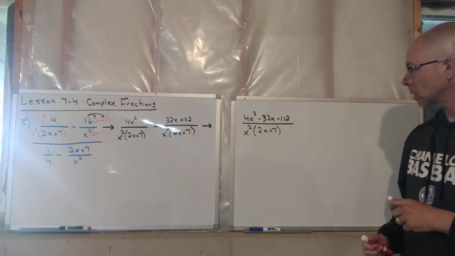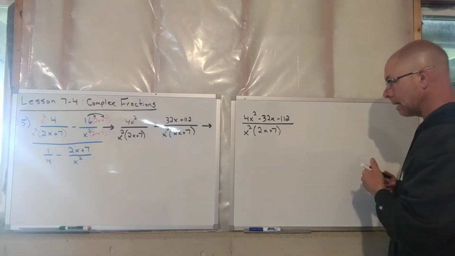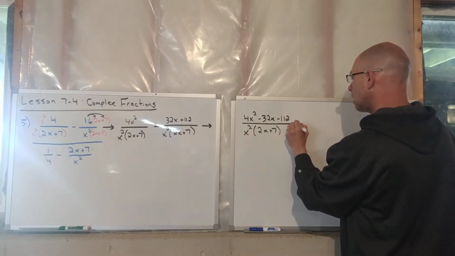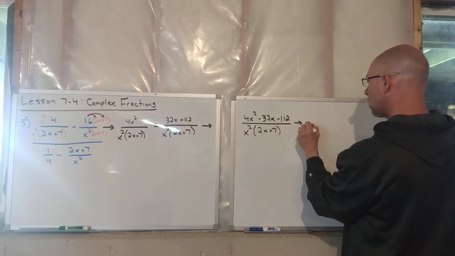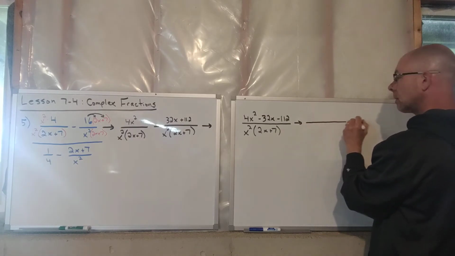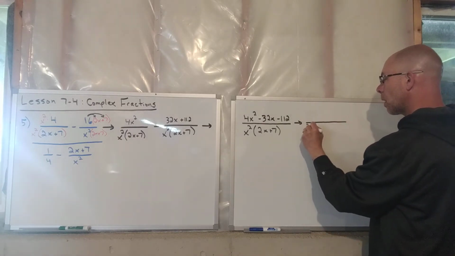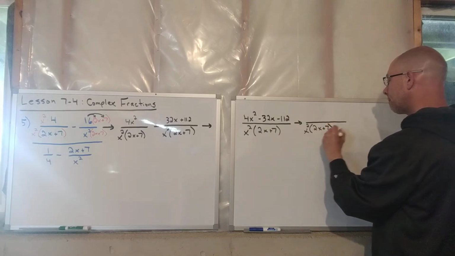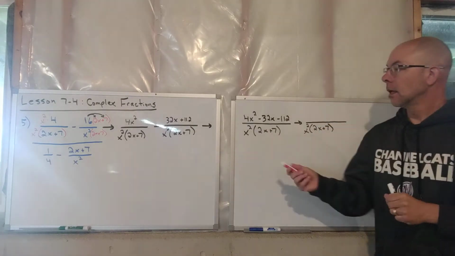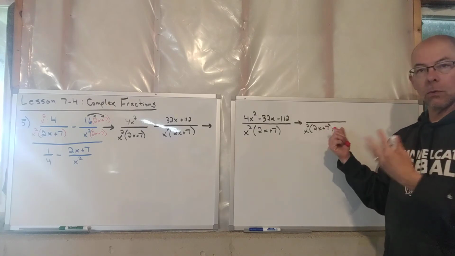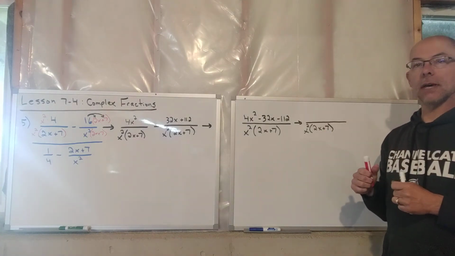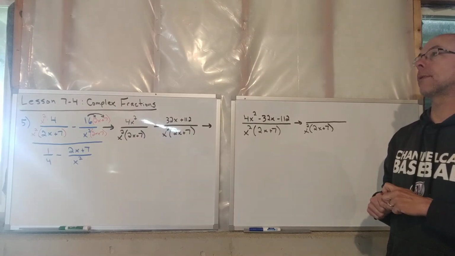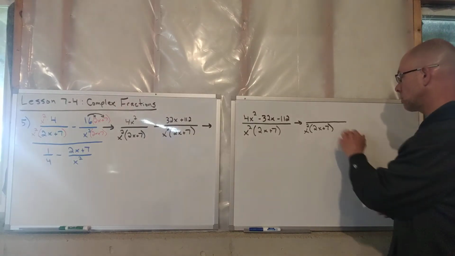Now, it appears to me, I told you I'm saving the best for last, that this numerator is going to factor in some way. And once all is said and done, you want it as factored as possible, because that's where you'll eventually notice common things to reduce.